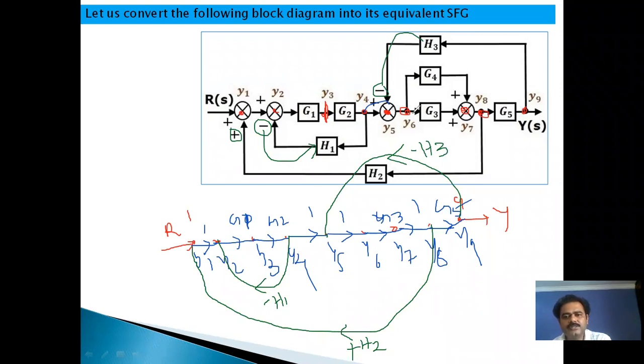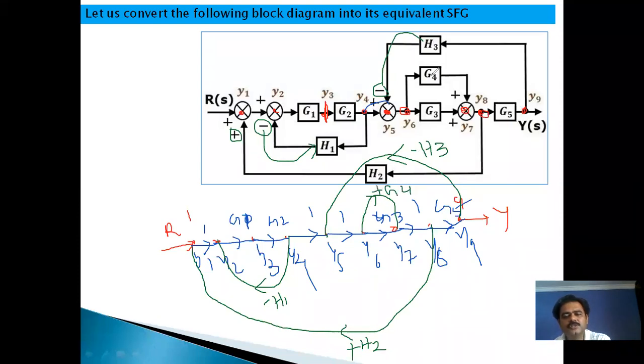Now the next junction, y6. Again one more forward path, from y6 to y7. The signal direction is the forward direction, whose gain is G4.